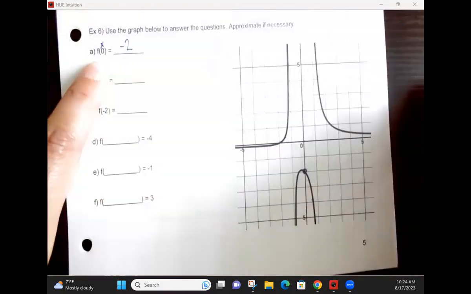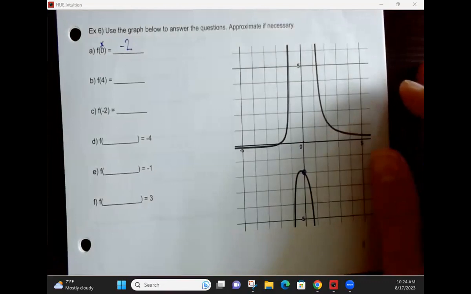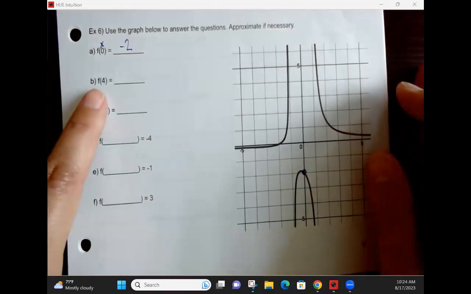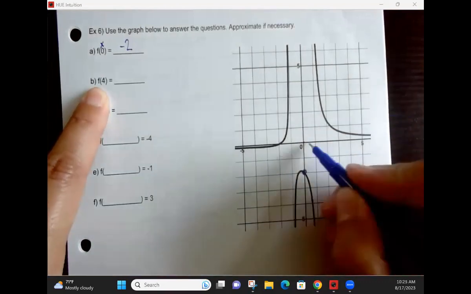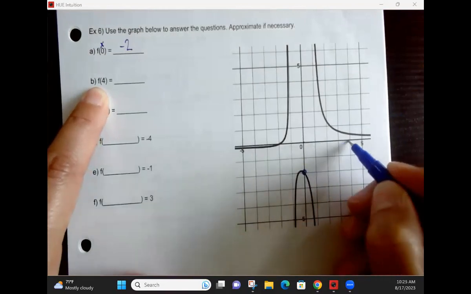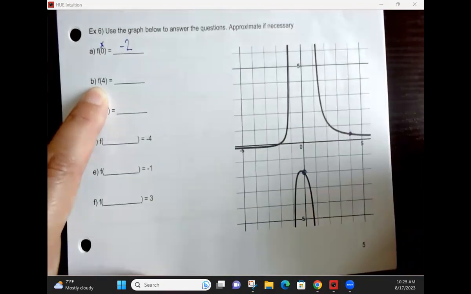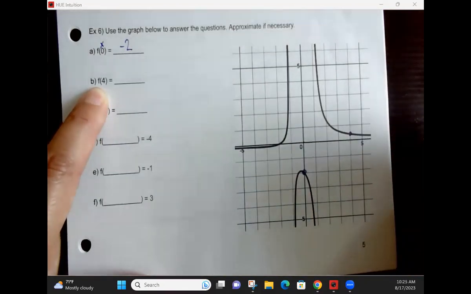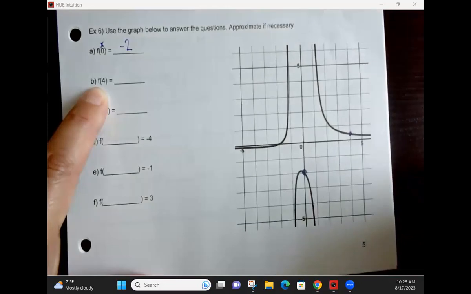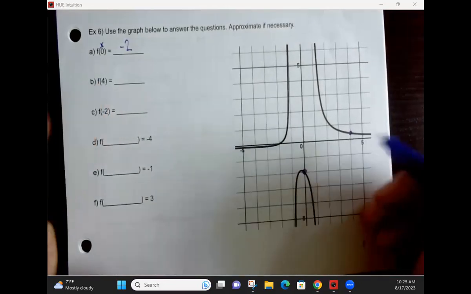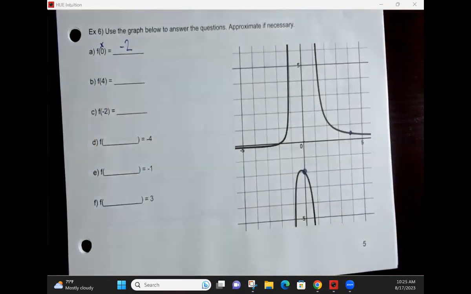Just a different representation for the same thing we did yesterday. Okay. f of 4 means I go to where my x value is 4, and then I report the output, the corresponding y value. We're going to have to estimate on a couple of these. That's okay. So I'm going to say this one is about a half. Does that seem reasonable?